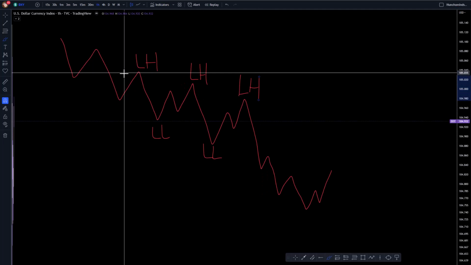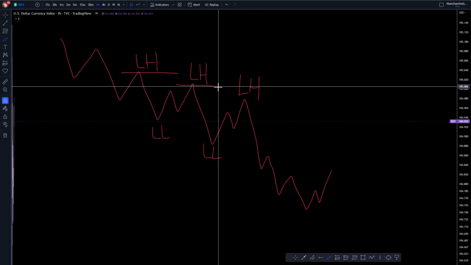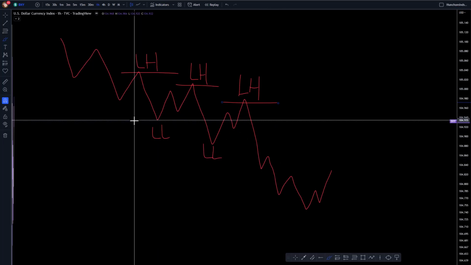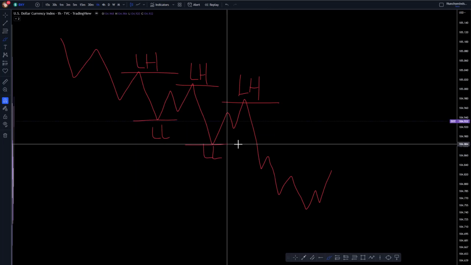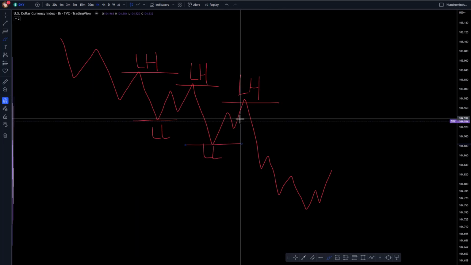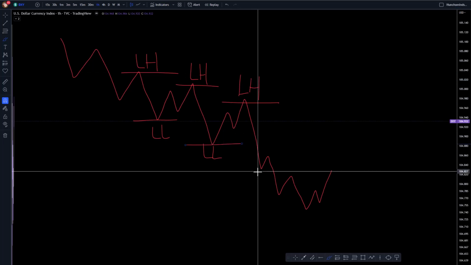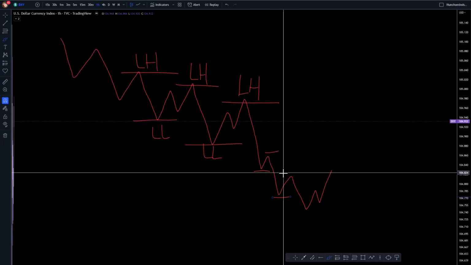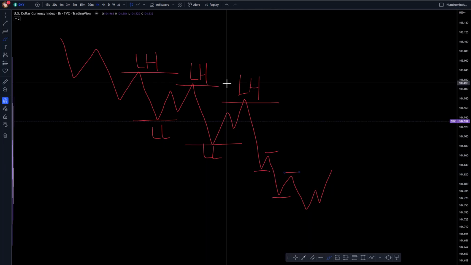Notice that each previous lower high is being respected by the new lower high, and each previous lower low is being traded through by the new lower low. These expansions and retracements can be small or very large.